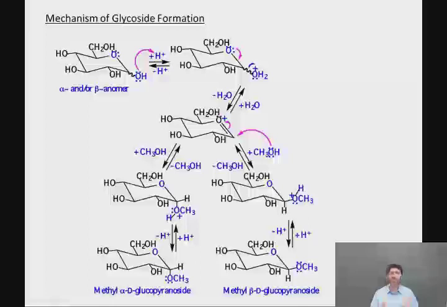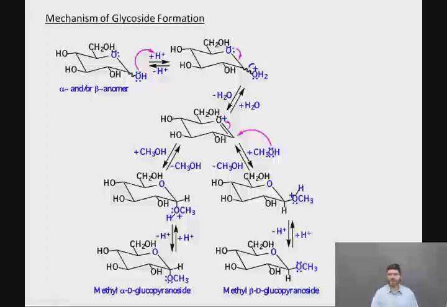So we protonate it to make it a good leaving group, then in step 2, we have our leaving group leave, and that's going to give us a resonance-stabilized oxocarbocation. What's drawn here in the center of your slide is the resonance structure with the positive charge on the oxygen, which is of course the major resonance structure for an oxocarbocation. It can get attacked from either the top face or the bottom face.